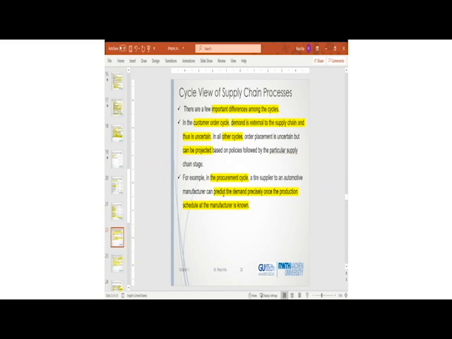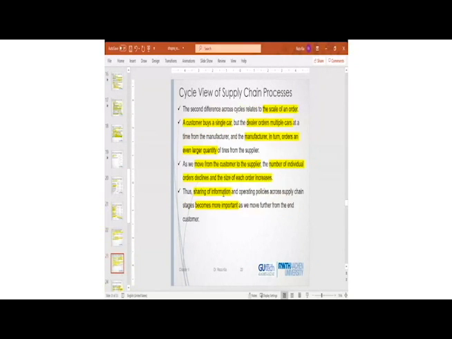In downstream, the level of certainty is kind of high, because the demand is coming from the customer, which is out of the scope of our supply chain. But internally, when we are discussing the demand coming from the stages that we have defined in our supply chain, I think we have discussed these 2 differences in the last class. No need to repeat again.